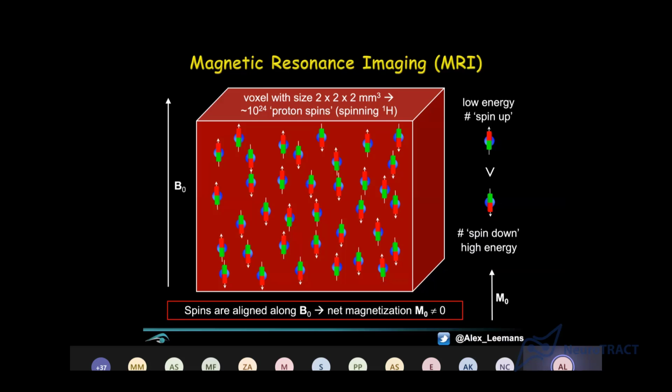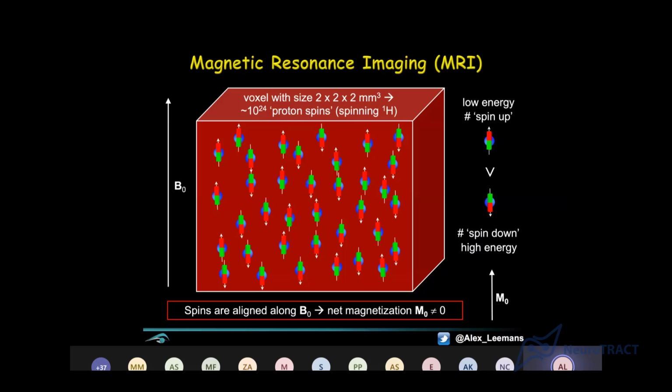If you then send in that frequency, because they were all precessing randomly, now because of the resonance aspect, all these precessing spins are now rotating in the same way, and that causes your net transverse magnetization to become non-zero. And then if you wait again, they get emitted, and they will all be relaxing back in such a way that the transverse magnetization is 0.